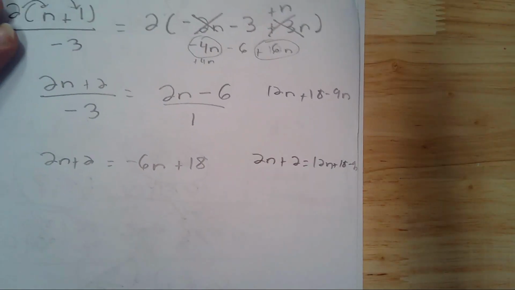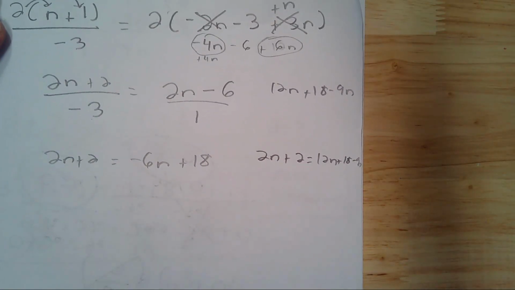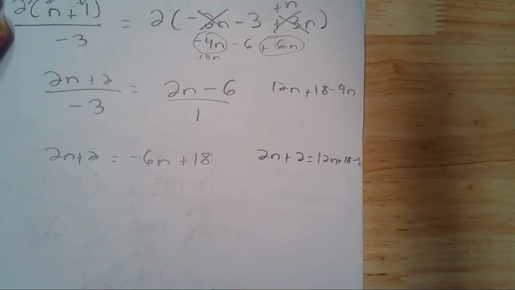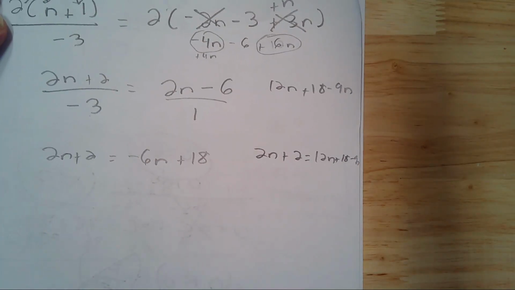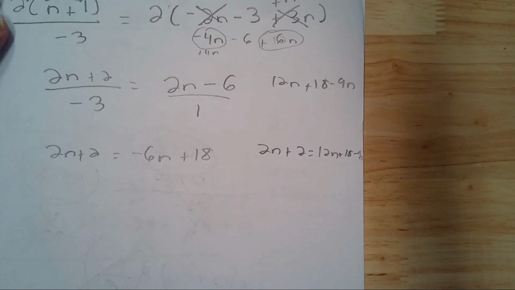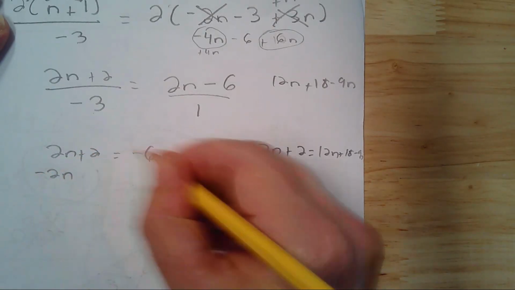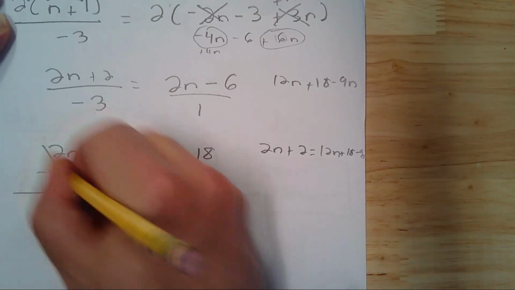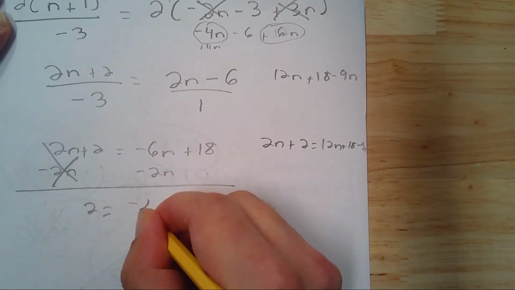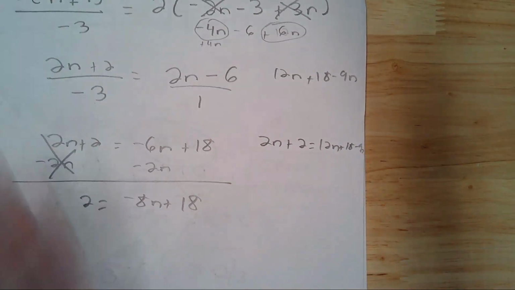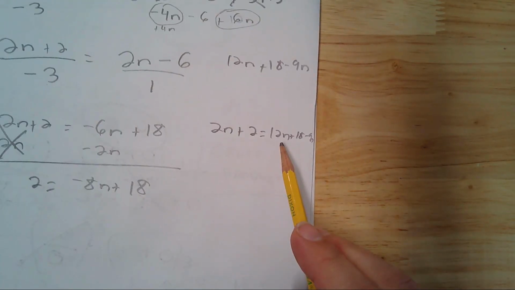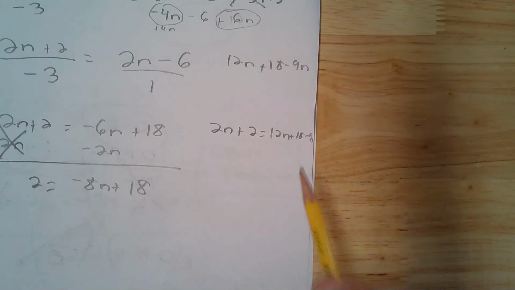So Sam, then what did you do? I subtracted n from both sides. Subtracted what? N, or 2n? 2n. Sounds good. Faith, what did you do? I think you have 12n plus 18, or you might have had minus 18 minus 9n.